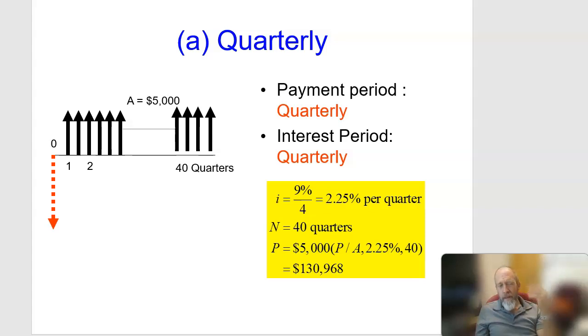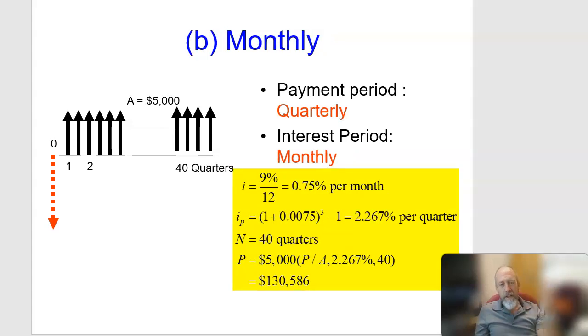P equals, you've got that future value, and then you come back and get that specific period of time. Annual payment, present value. Monthly, calculating the present value again, but you have to do the application because you have the payment period quarterly but the interest period monthly.